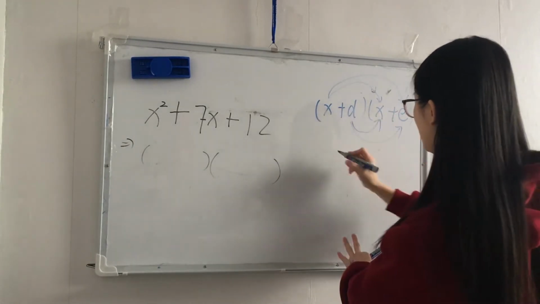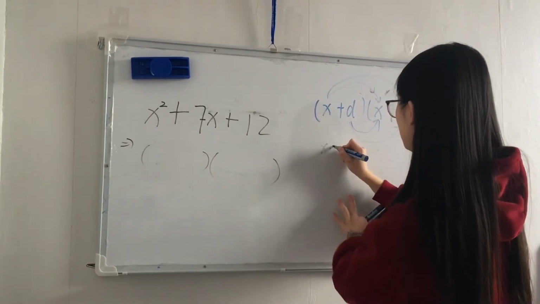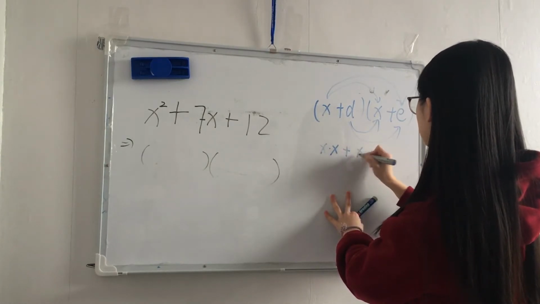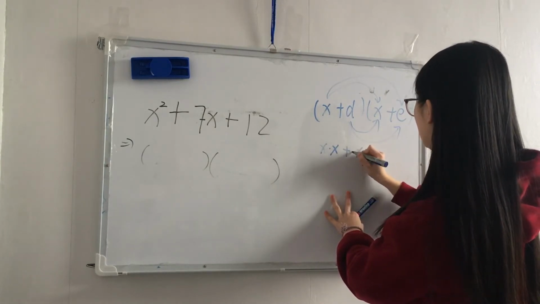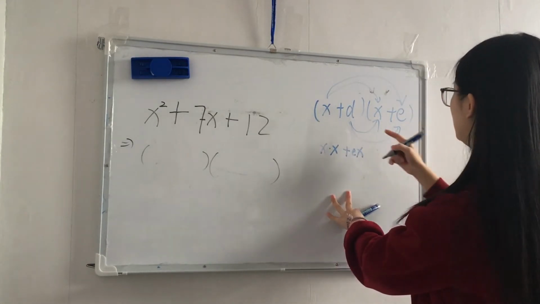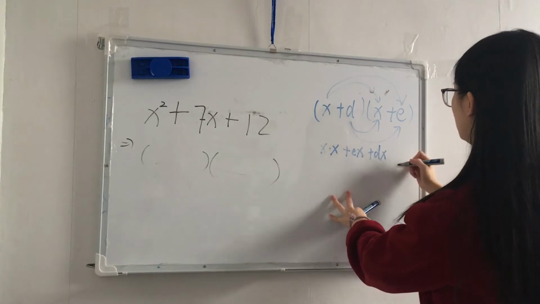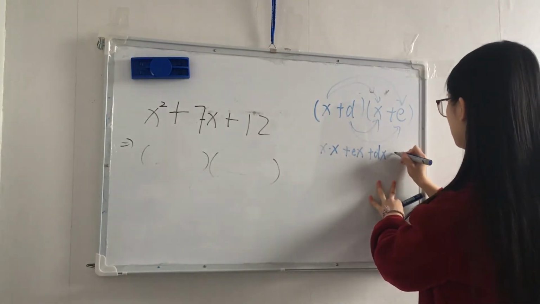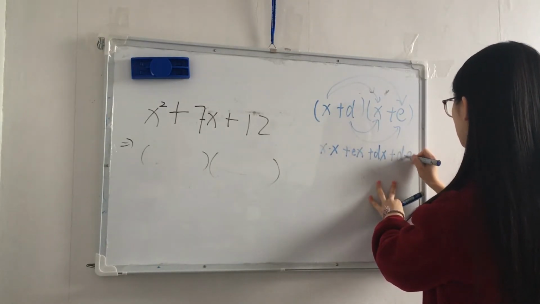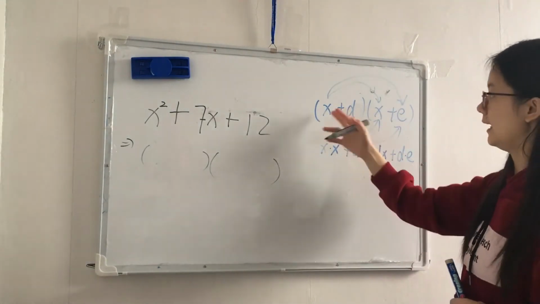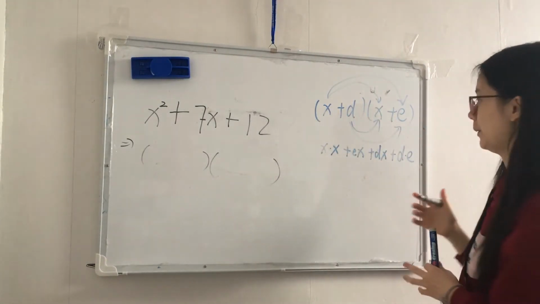So x times x is x squared, and then plus x times e, that is ex, and then d times x, so it's dx, and then d times e. Remember here the d, e represent some constants, and x is our variable, okay?